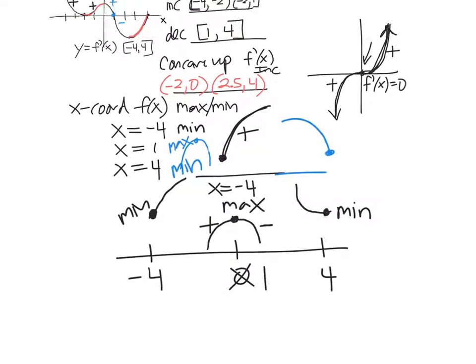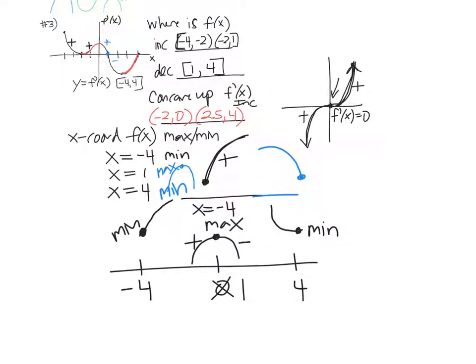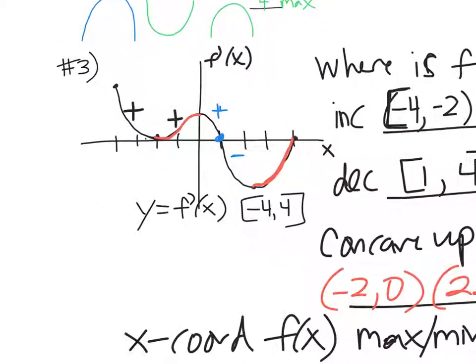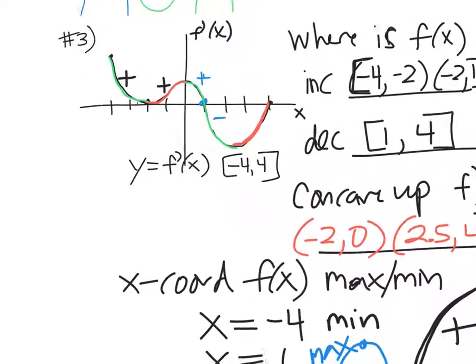Okay. Let's do concave down. Concave down is going to be when f prime of x decreases. So where is this thing decreasing? It's decreasing from -4 to -2, and then it's decreasing from 0 to 2.5.